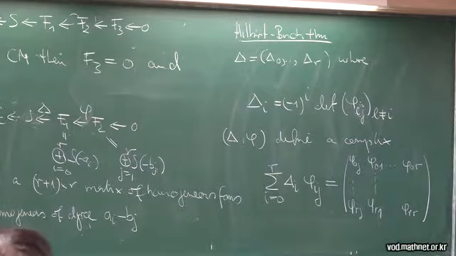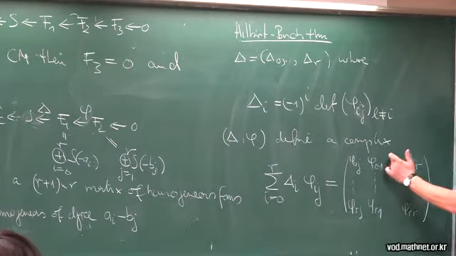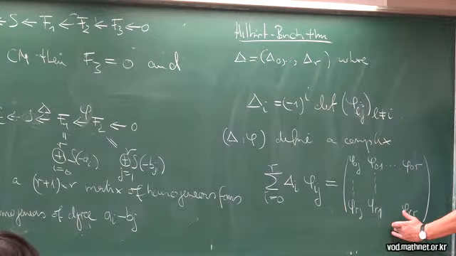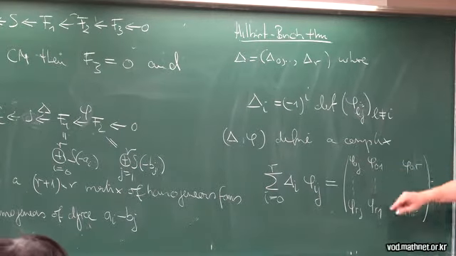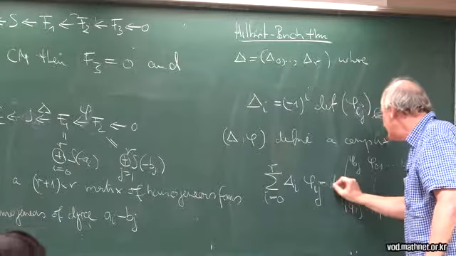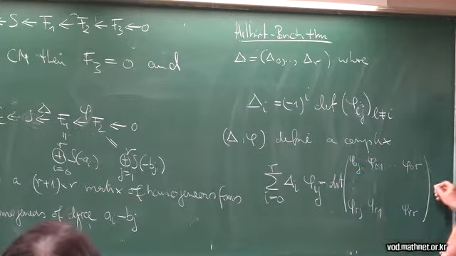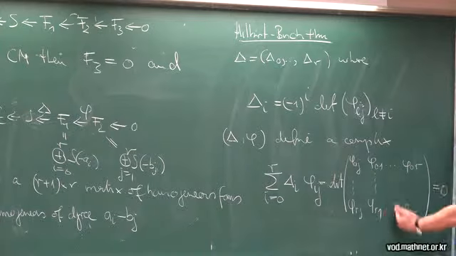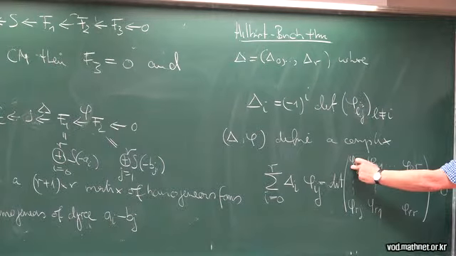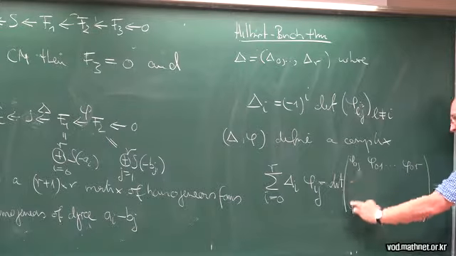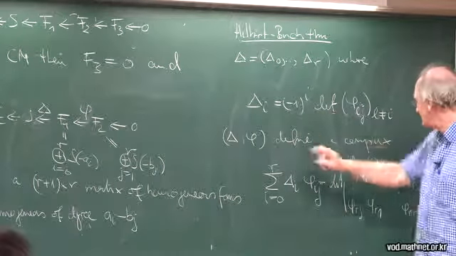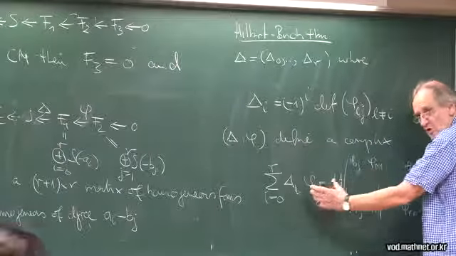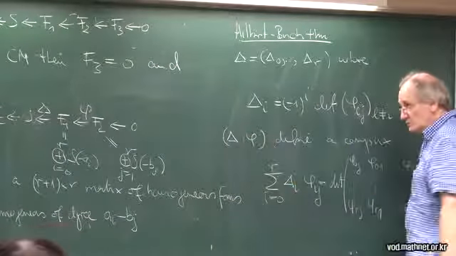I look at this matrix. Now if I do Laplace expansion of this, if I compute the determinant, then of course it will be 0 because I have repeated a column. But if I do the Laplace expansion, then I multiply this entry with the minor delta_0. So it's precisely this expression. So delta and phi do define the complex.